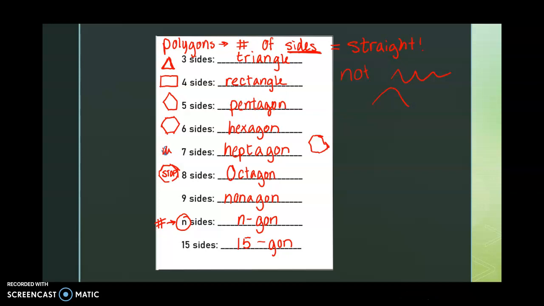Now I also want to mention we made all of these shapes that I drew in here look pretty even, but no one said we have to draw them that way. So 4 sides could look, this could be your 4-sided figure. As long as they're all straight and not curvy, it is still in that shape.